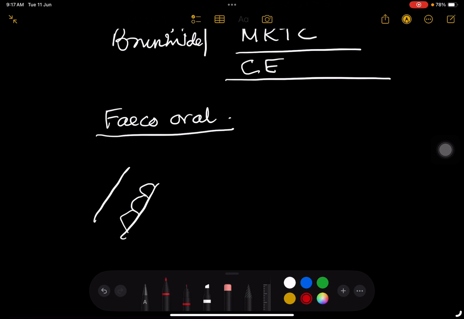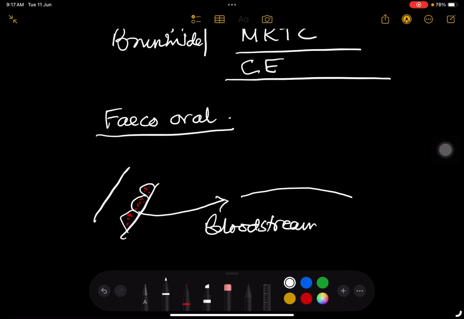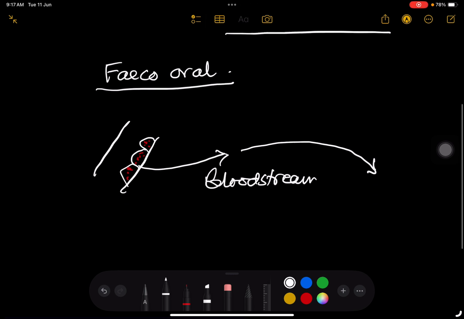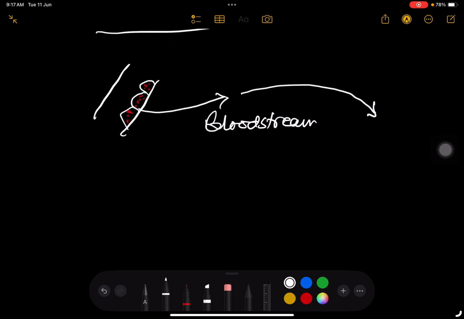So they first grow in the intestinal mucosa, then they go into the bloodstream, then they go into the anterior horn cell.